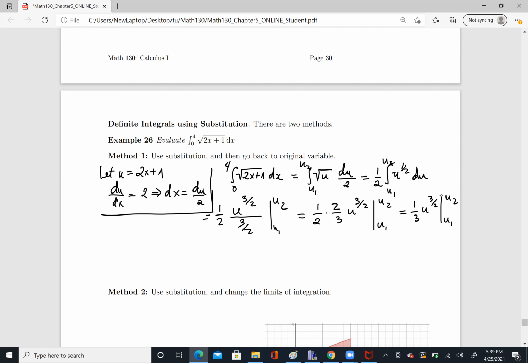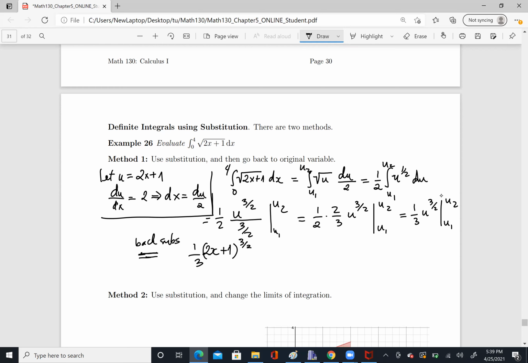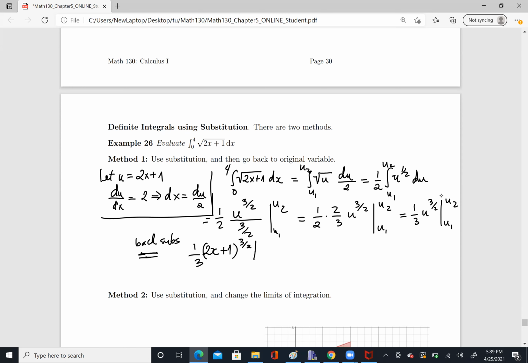Now I'm going to substitute back to x, so the interval will change back to 0 to 4. So I have 1/3 times (2x plus 1) to the 3/2, and the interval comes back with 0 to 4.